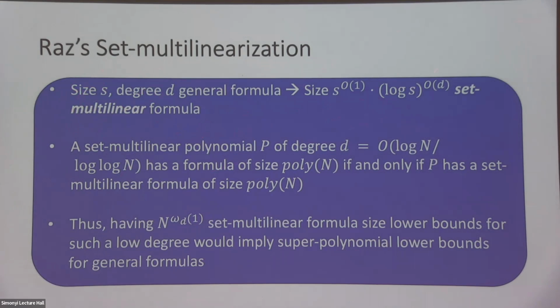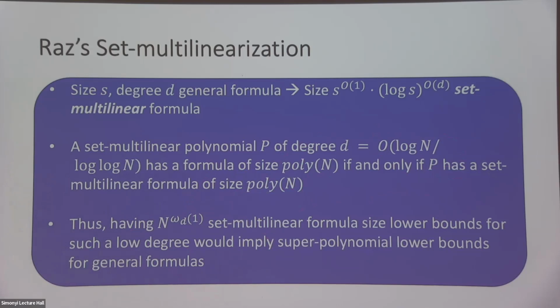What's the blow up in the size? It's a polynomial blow up if the degree is small. So if you think of S to be poly n, again, same. If the degree is log n over log log n, this blow up is only a polynomial blow up. And so if in the setting of degree being at most log n over log log n, you can prove a super polynomial lower bound for set multilinear formulas, then it would prove a lower bound for general formulas. And that would be a pretty big deal. We know nothing like that.